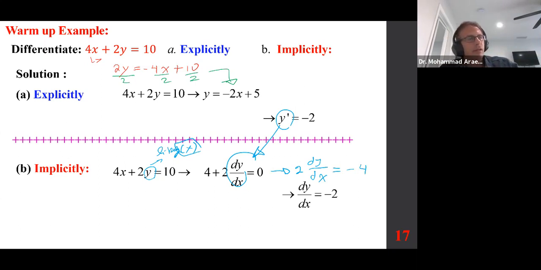And as you can see, identical answers as expected. So whether you do it implicitly or explicitly makes no difference. But the advantage of implicit is that it works even when you can't solve for y explicitly.